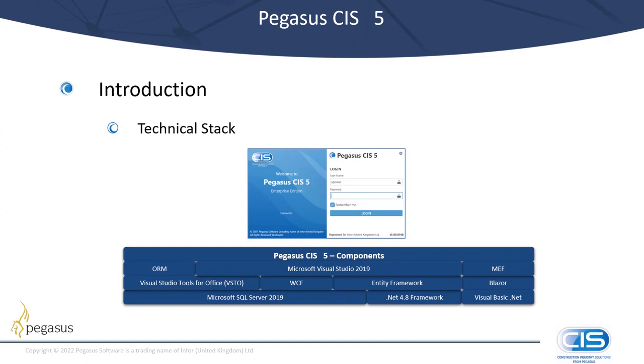We're using Microsoft's Blazor as the web app development toolkit. We're using other things such as TLS 1.2 for the communication between the client and the server to provide enhanced security, and so on. But what you really should take away from this is that we are using the latest of the modern .NET technologies, and these are the tools we'll be using for future development of Pegasus CIS5.